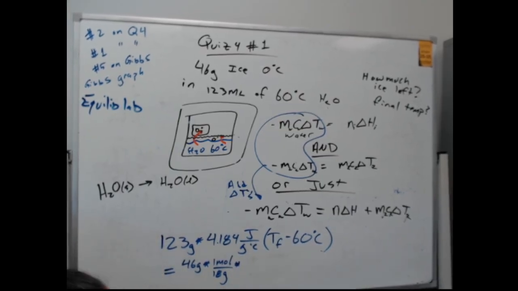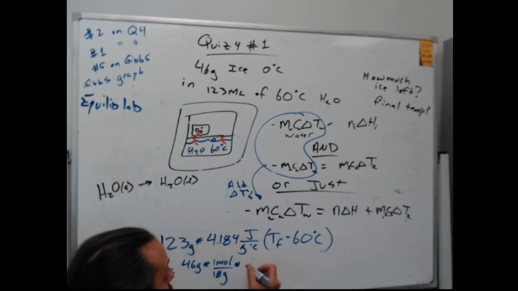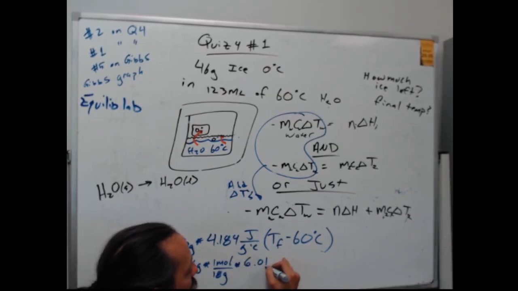I can't remember right now if it's 40 or 6.01, so I need an equation sheet, which I think I have one right here. Delta H of fusion is 6.01 kilojoules per mole.